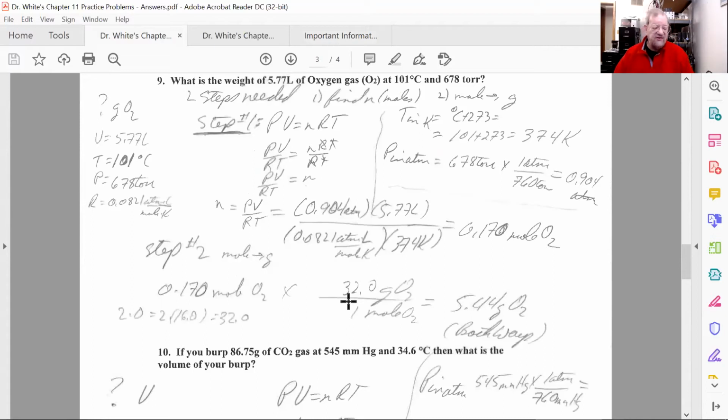So what's the atomic weight of oxygen? Because 1 mole equals the molecular weight of oxygen gas, and that's the sum of all atomic weights in that molecule. 2 oxygens to 3 significant figures. The atomic weight of oxygen is 16.0. There are 2 of them. That's 32.0. Exact number, 3 significant figures.